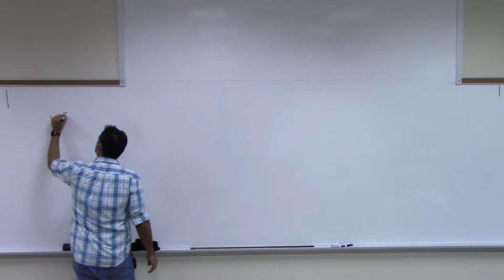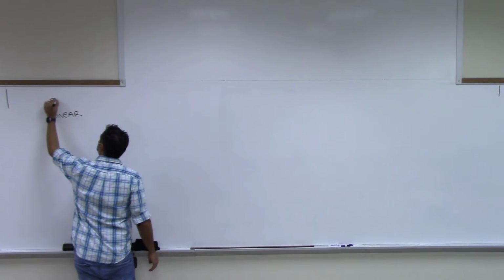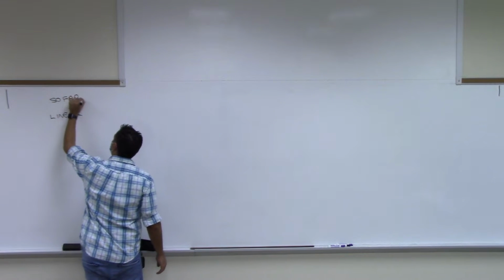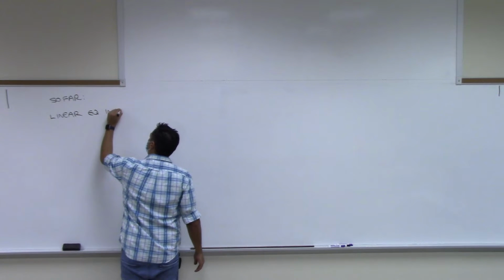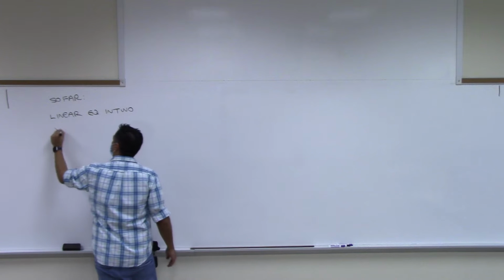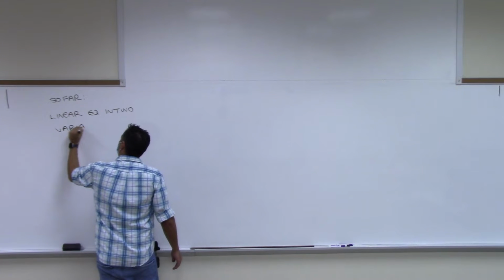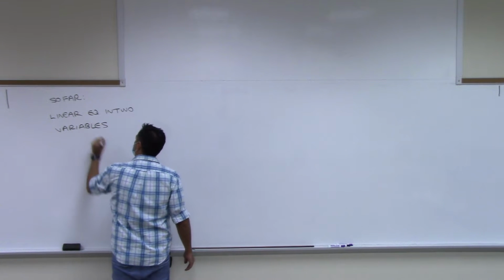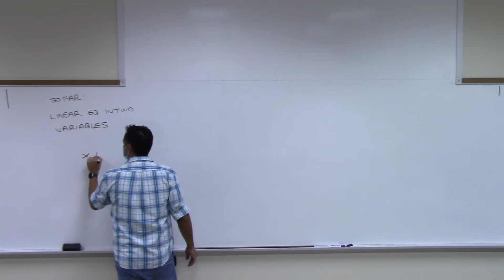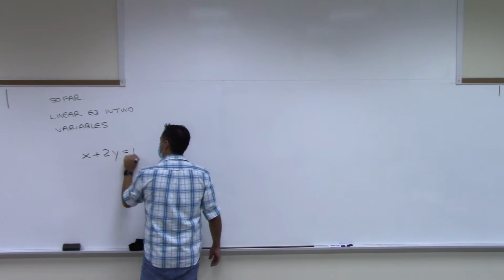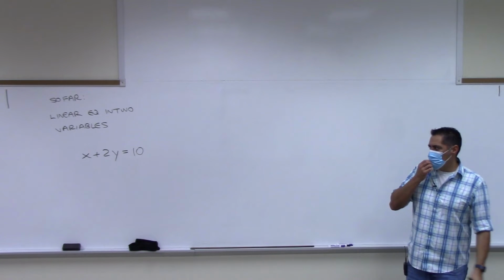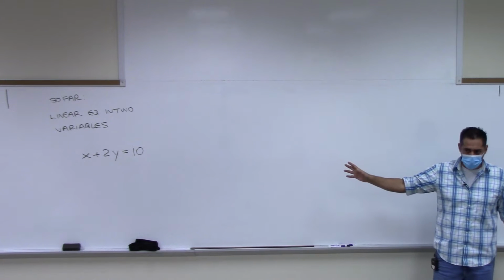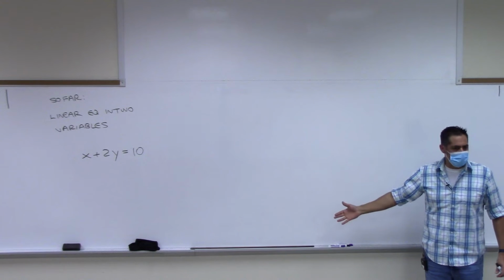So let's go back and look at what we've been studying up to this point: linear equations. So far, what we've been doing recently is linear equations in two variables. So something like this, x plus 2y equals 10. We should all be able to look at that and say, if we graph that, that's a line, and we have these different methods to graph it.